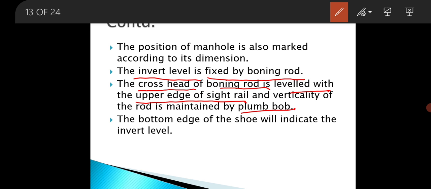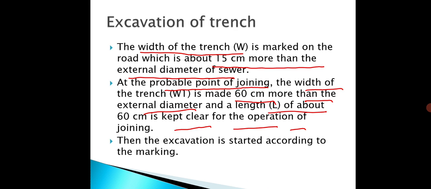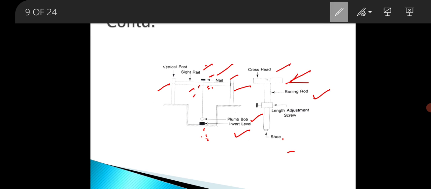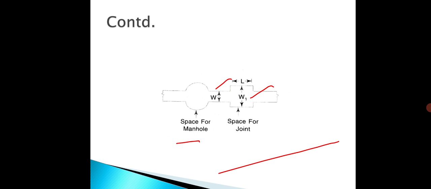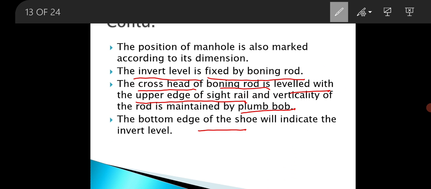And the bottom edge of the boning rod, that is the shoe. See here, this bottom level is known as shoe. So the shoe of the boning rod will indicate the invert level.